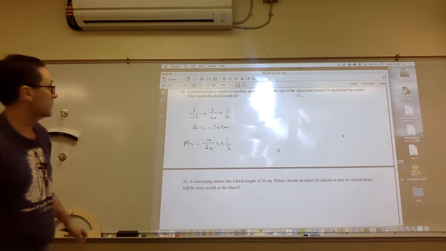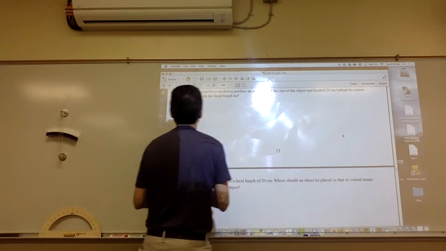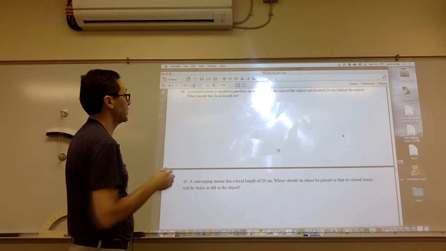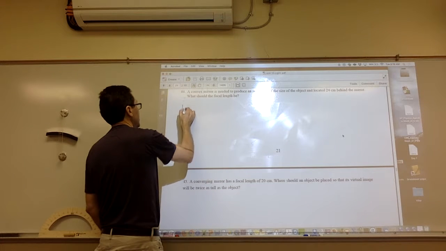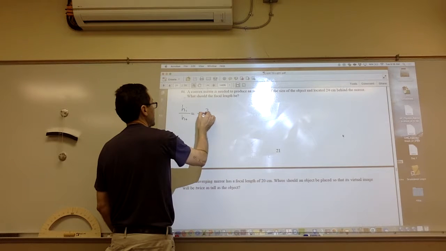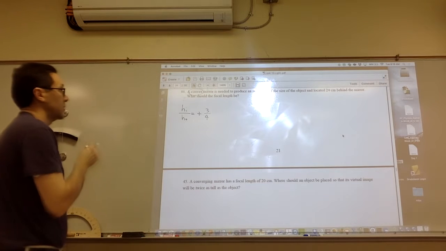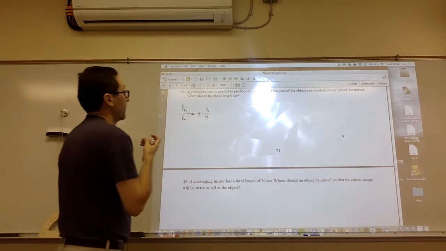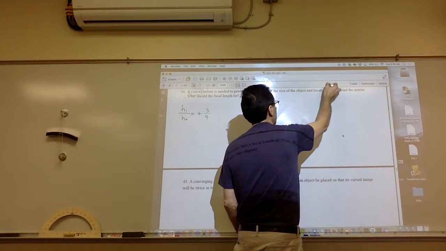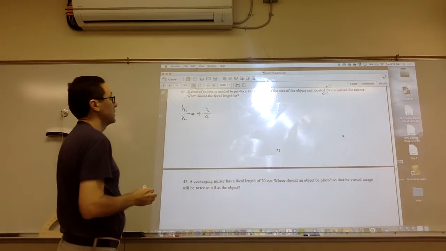Let's look at number 44. A convex mirror is needed to produce an image 3/4 the size of the object. So HI over HO is equal to positive 3/4. The reason for that is because it's a convex mirror, which means the image is going to be upright. So this is DI, but it's negative because it's behind the mirror. Where should the focal length be?